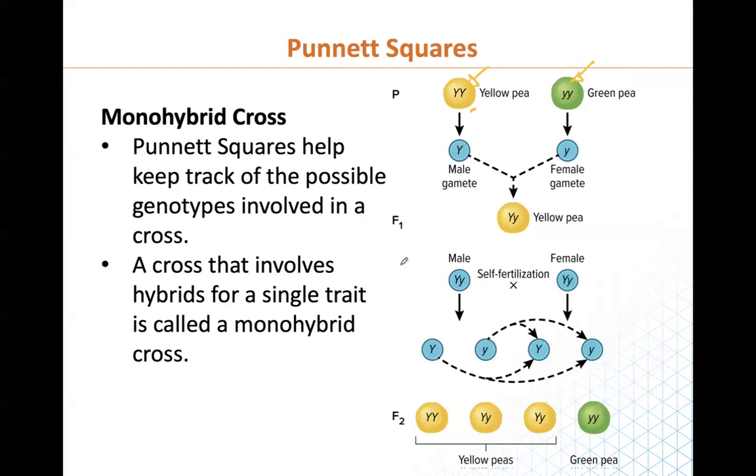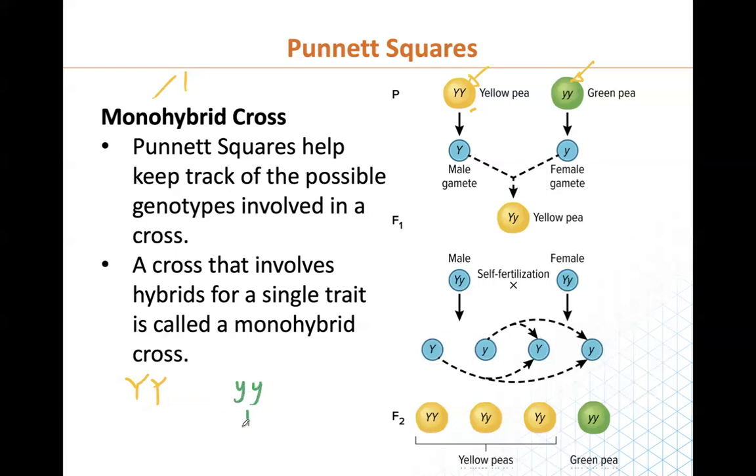So what is the word monohybrid? The meaning is you're actually crossing one trait at a point in time. Now, for example, we want to make a cross to get the color distribution. So we have a yellow pea, which is homozygous dominant, and we have another one, which is homozygous recessive.